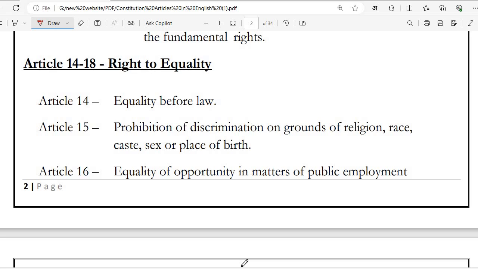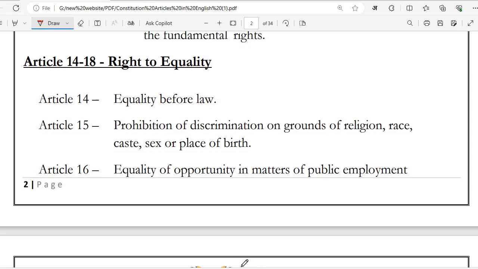And under this article in India, reservation to SC, ST and OBC in education has been provided, and the National Commission for Women is also established under this article. Article 16 says equality of opportunity in matters of public employment. It means the categories of SC, ST and OBC have been given reservation in government jobs under this article.